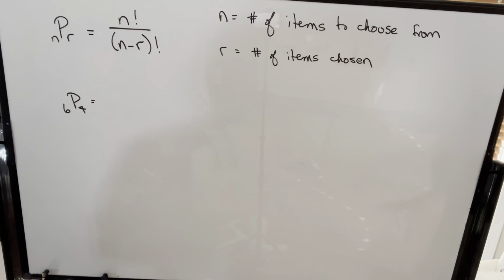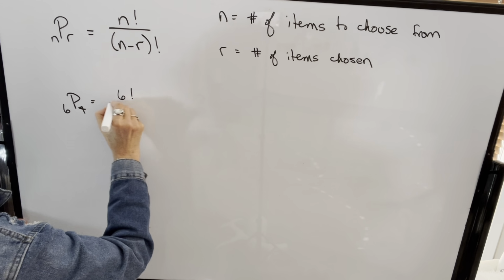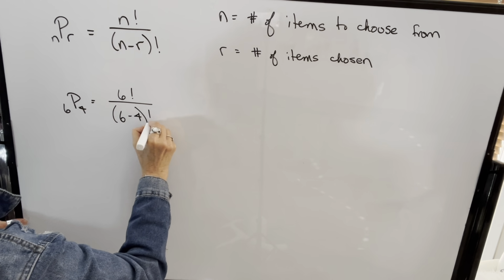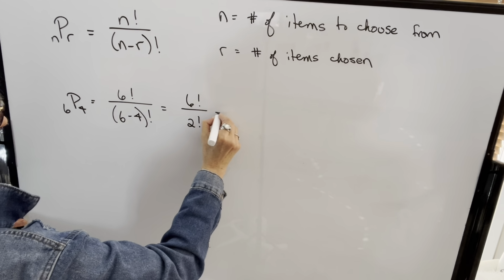Let's try the example where we were choosing 4 Skittles out of a total of 6. So according to my formula, that will be 6 factorial over 6 minus 4 factorial, which is 6 factorial over 2 factorial.